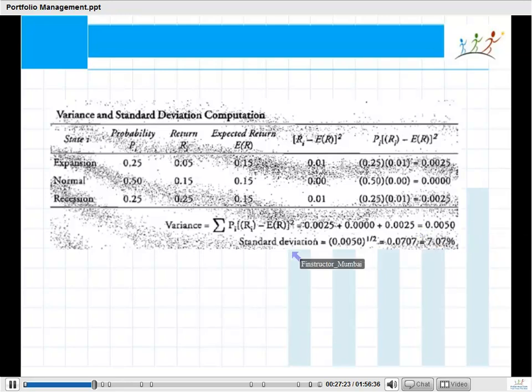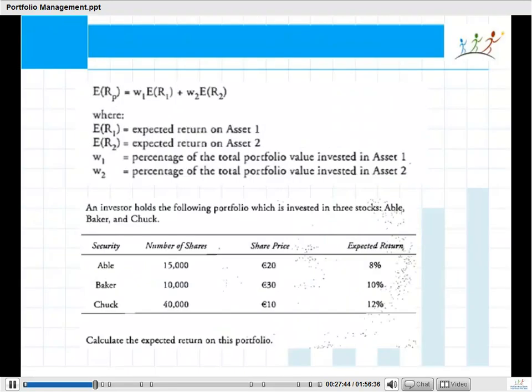Standard deviation is the square root of the variance. It will come out to be roughly 7% for the stock. So that is how investors compute the risk, that is the standard deviation, and the expected returns from each asset. Markowitz assumed that all investors have the same expectations of risk and return.